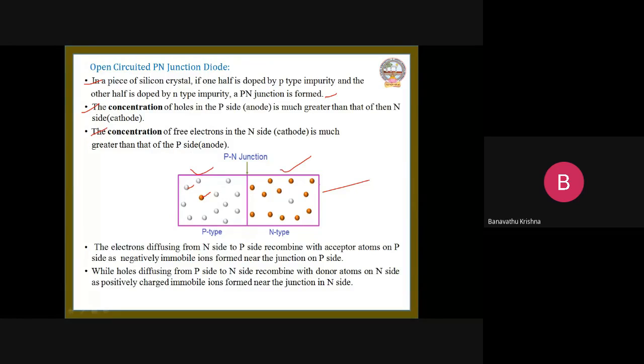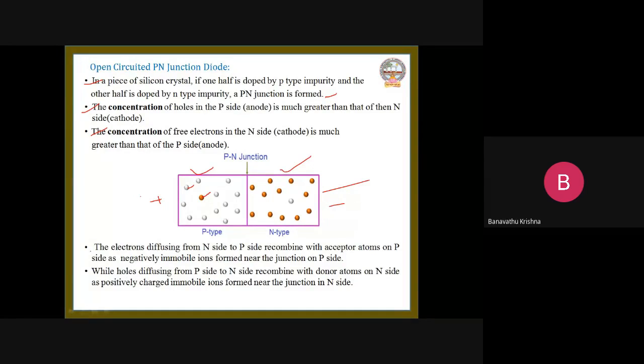The N side we call the cathode terminal, and the P side we call the anode. So the cathode is negative and the anode is positive. This is the basic formation of the PN junction.